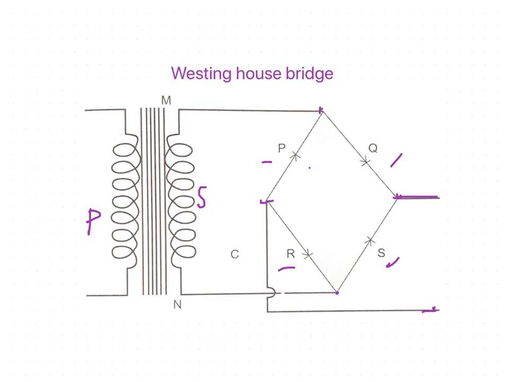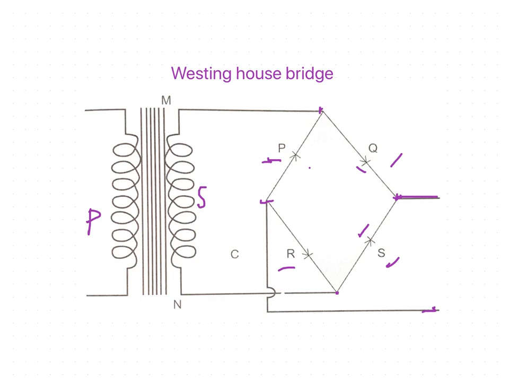So the 2 rectifiers Q and S are directed towards one output wire. And the P and R rectifiers are facing away from the second output wire.